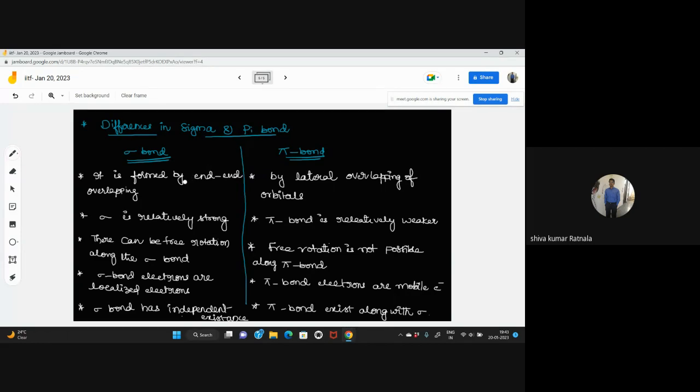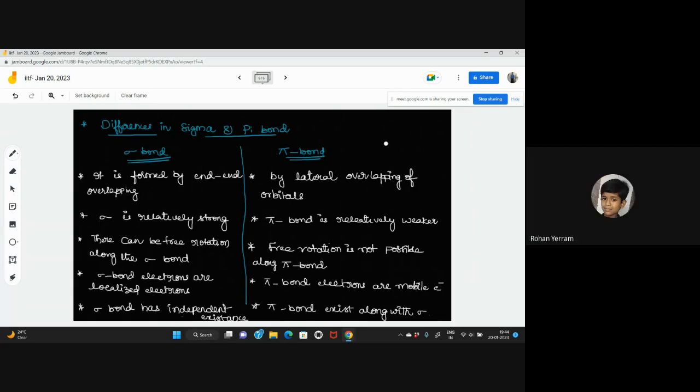This is about the sigma bond and pi bond. Next class we can discuss how sigma bonds or pi bonds are formed. We have discussed, right? And in molecules we are going to see how the overlapping will take place, in which orbital we are going to form the overlapping.